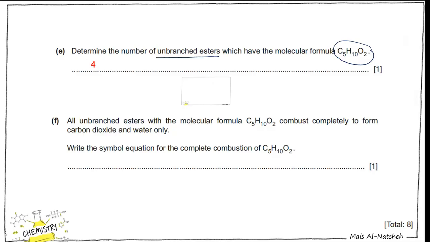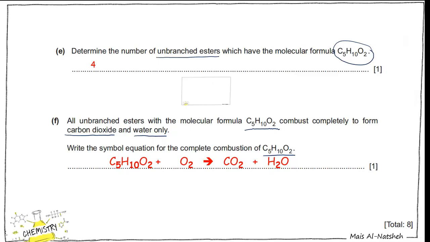All unbranched esters with the molecular formula C5H10O2 combust completely to form carbon dioxide and water only. Write the simple equation for the complete combustion of C5H10O2. Now, when we have this fuel, we will talk about the combustion. Combustion needs oxygen as the other reactant.